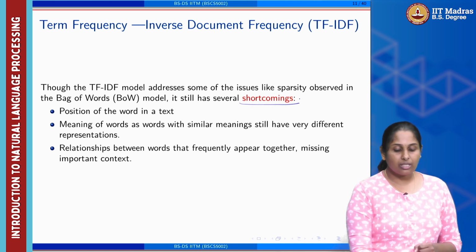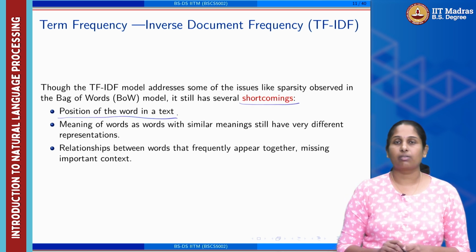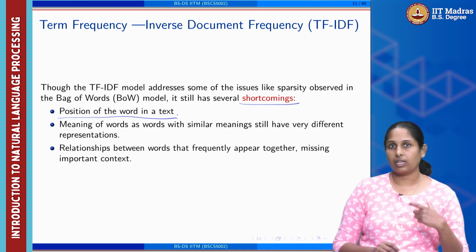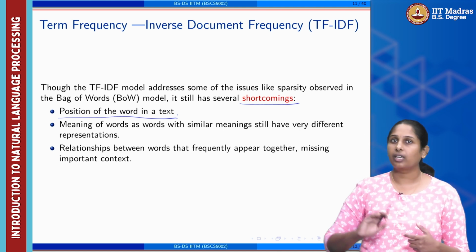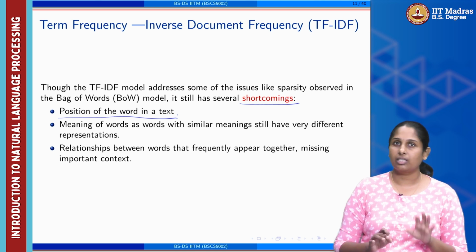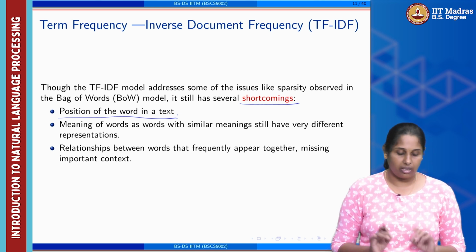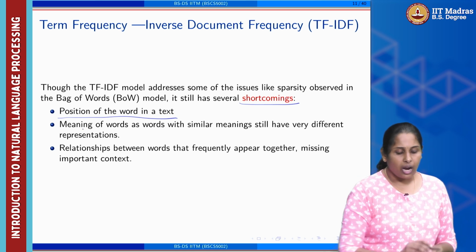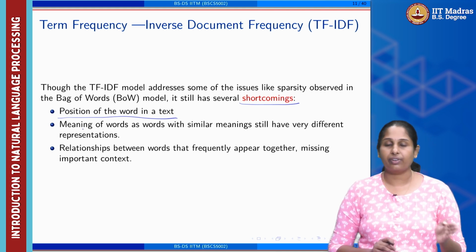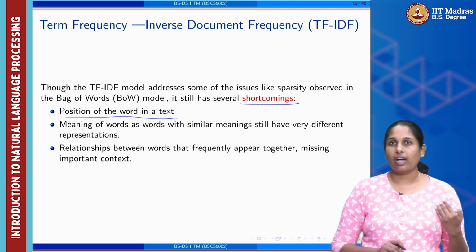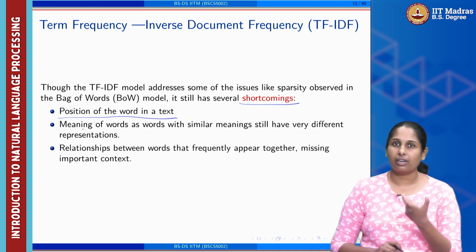The shortcoming is the position of the word in the text, whether it occurred in the initial position, whether it occurred after a particular set of words, or it occurs at the end of the document. That's not identified through TF-IDF. And words which have a similar meaning still have different representations, because they are of different graphemic representation.